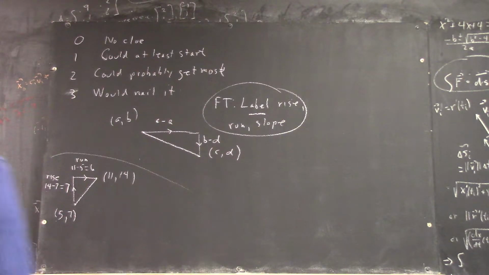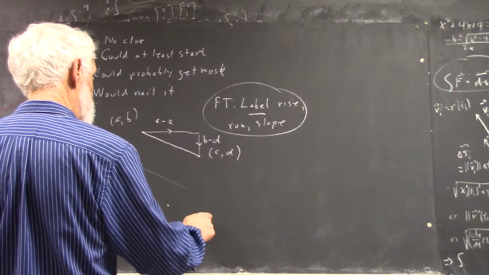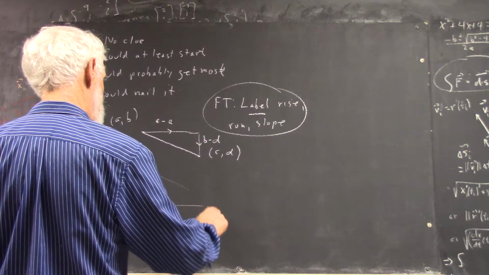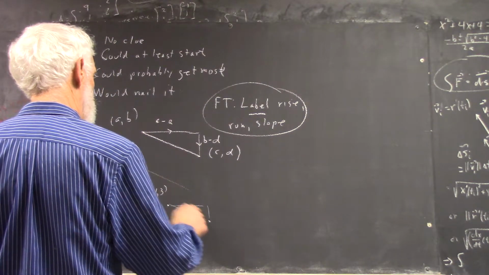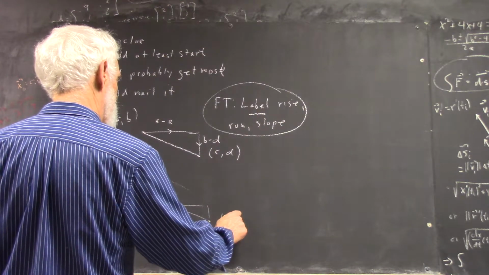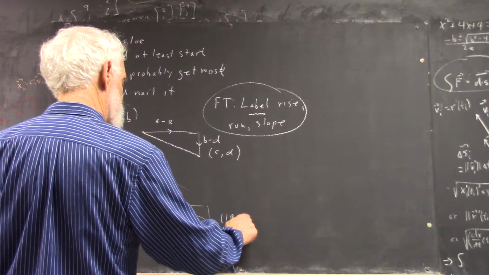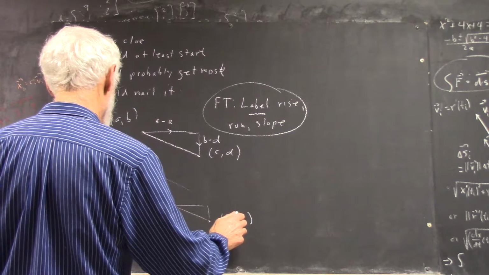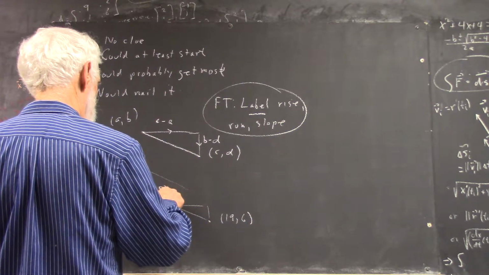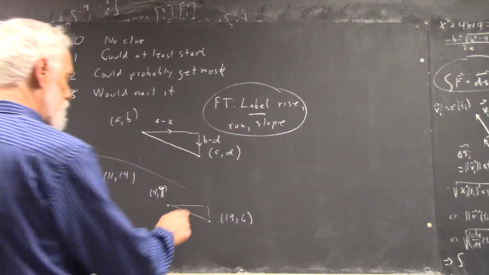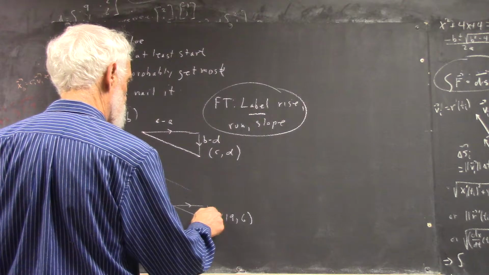Okay, what if I had the points 4, 3, and 19, 6? That wouldn't make any sense. Make that 4, 9, and 19, 6. Okay, if I put my arrows in this direction, what's my rise?